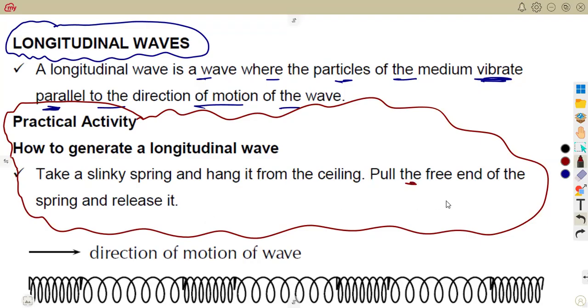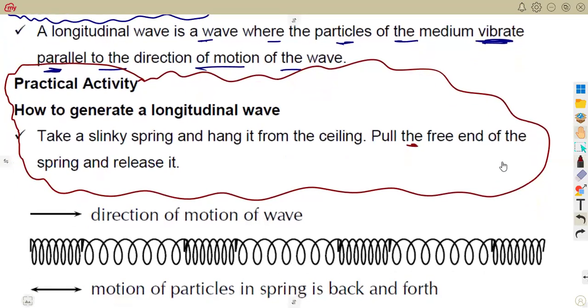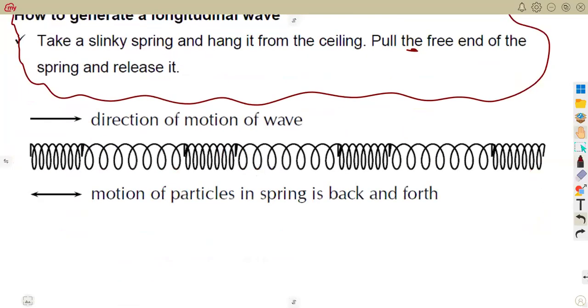What you're going to notice on that spring is a deformation which is not the same throughout. There is a part that is stuck together, then a part that is freely separated from one another.